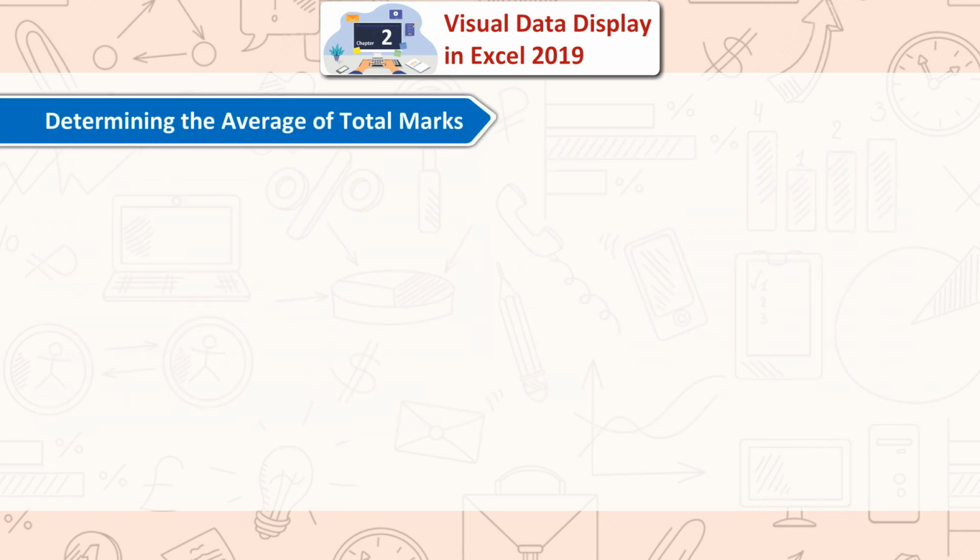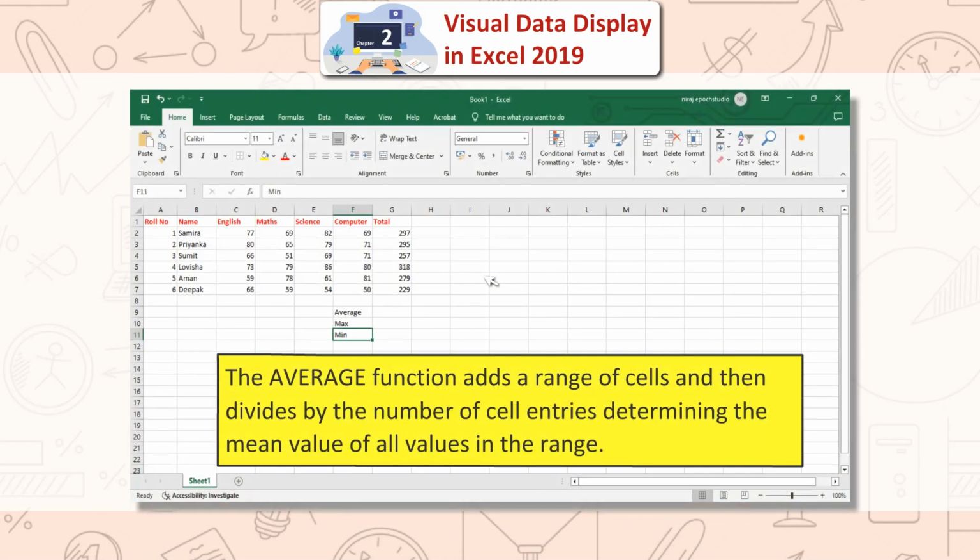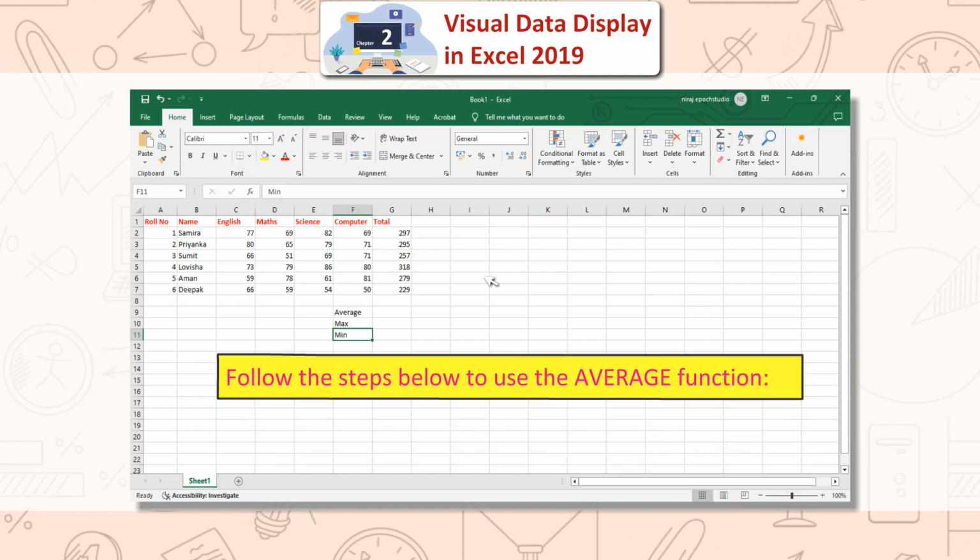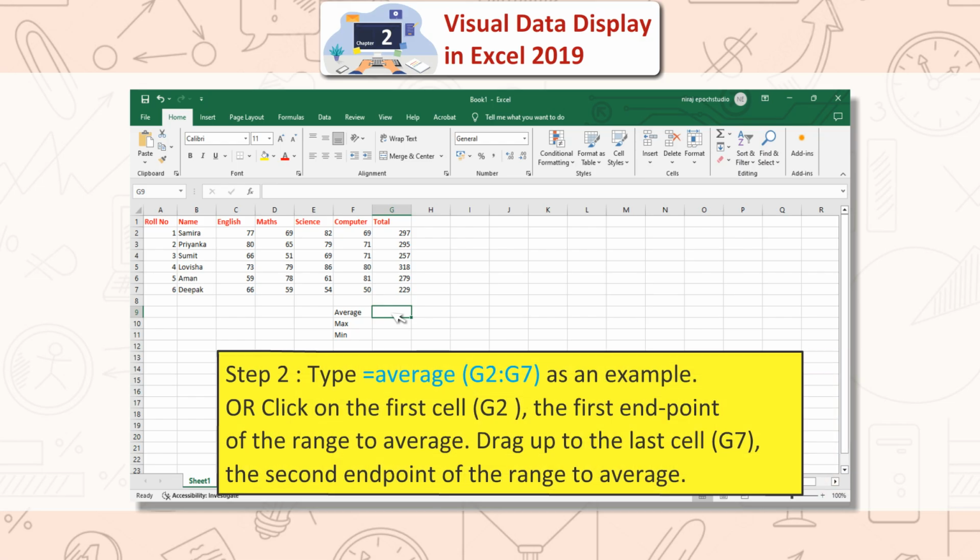Determining the average of total marks. The average function adds a range of cells and then divides by the number of cell entries, determining the mean value of all values in the range. Follow the steps below to use the average function. Step 1. Select the cell to find the average. Step 2.